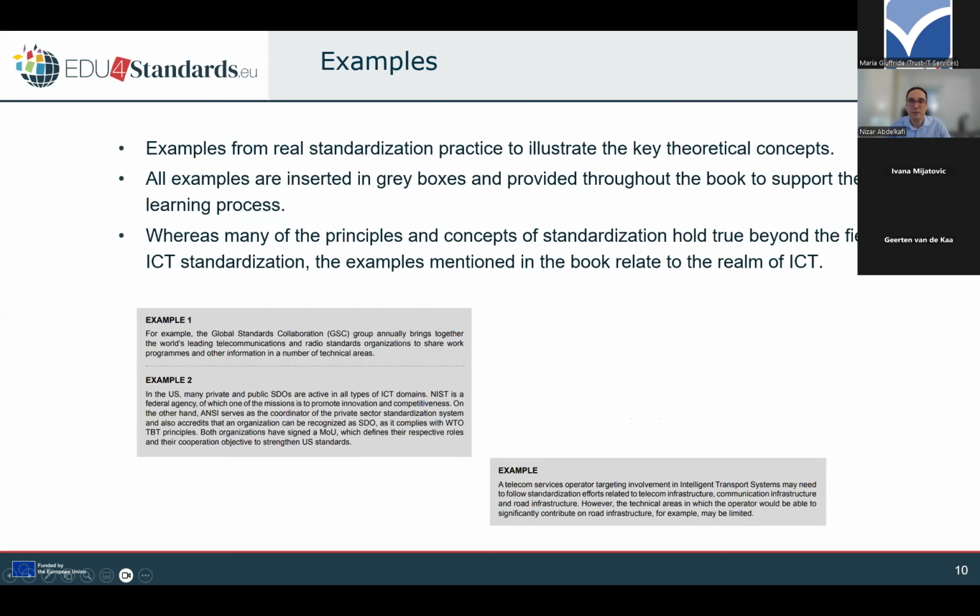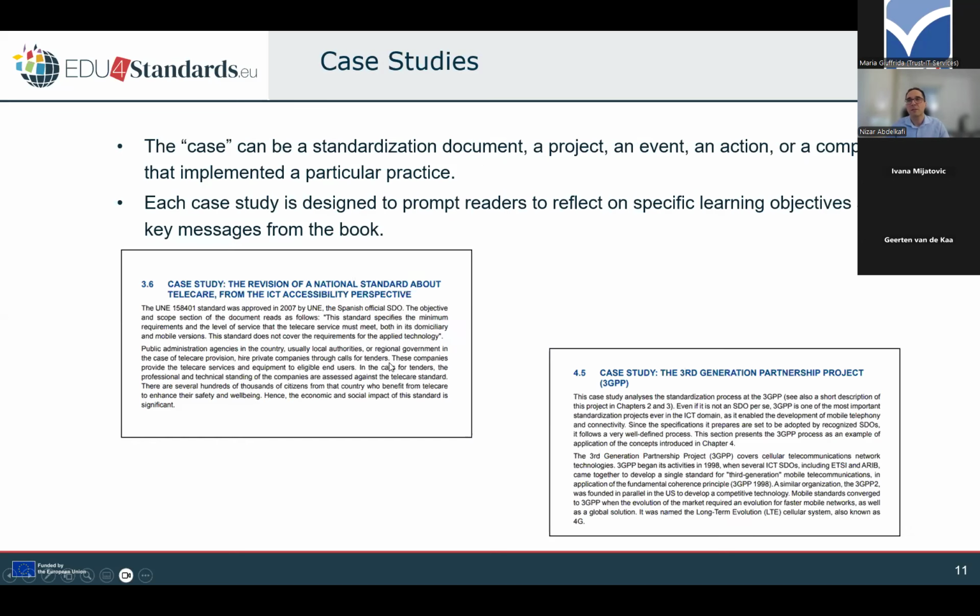Examples are provided along the book in gray boxes, as illustrated here on this slide. So whenever you need examples, you don't need to go through the whole text. You can go in a targeted way and look at the gray boxes, which represent the examples.